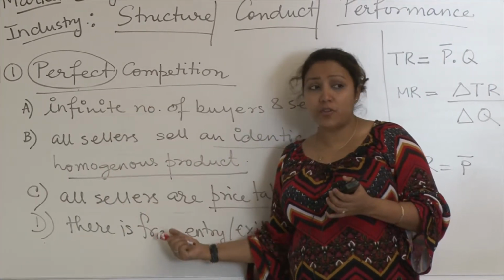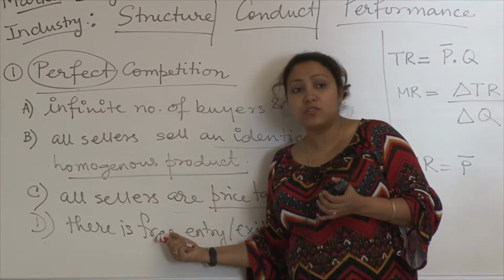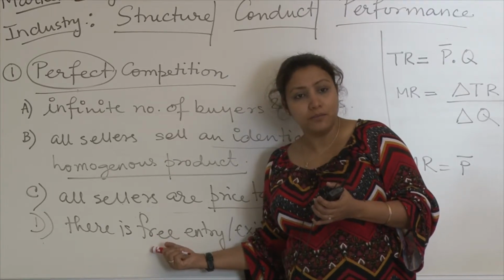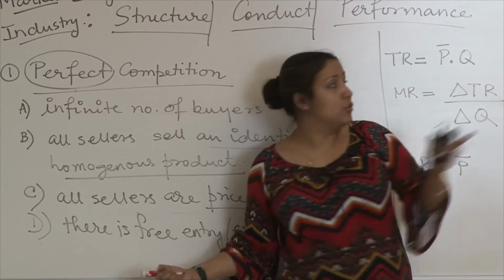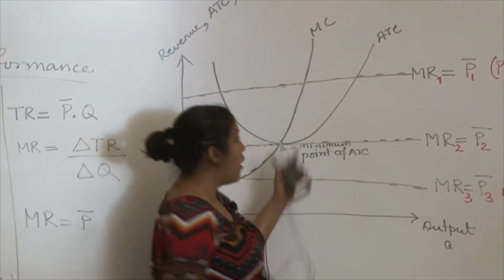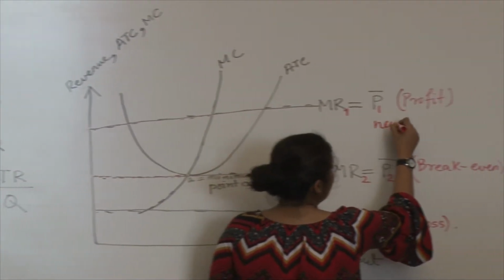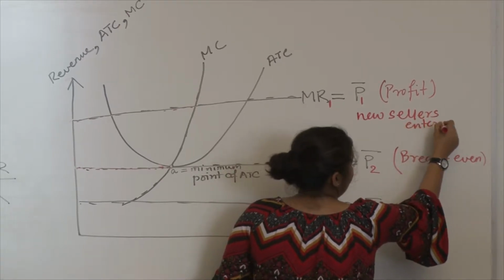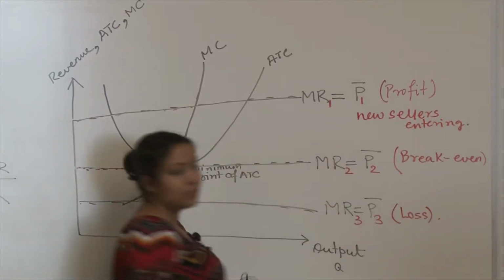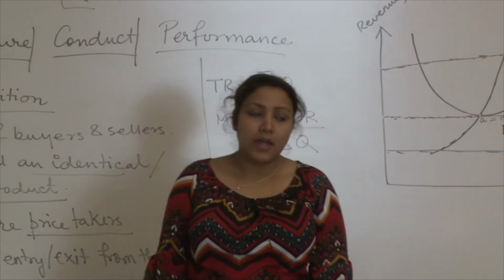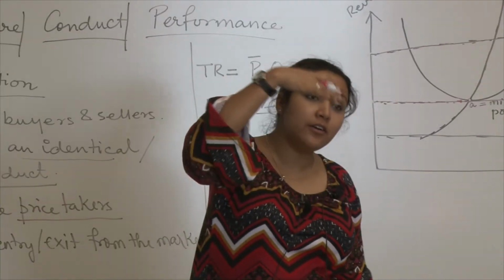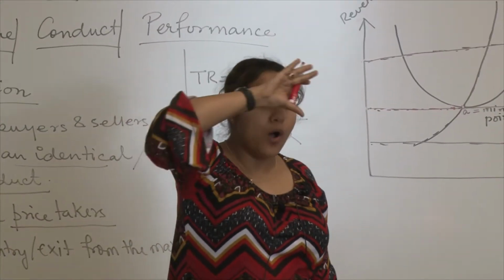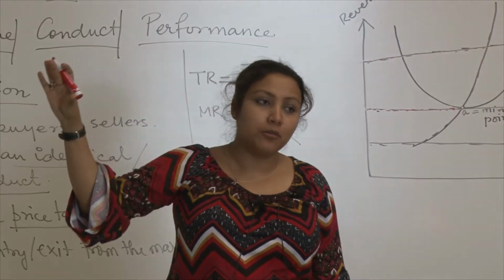So if this is an attractive industry, do you think new sellers will come into the market? Yes, correct? So when this industry is making profit, there will be new sellers entering. Don't you think so? And new sellers will keep entering till all that profit gets wiped out from the market.